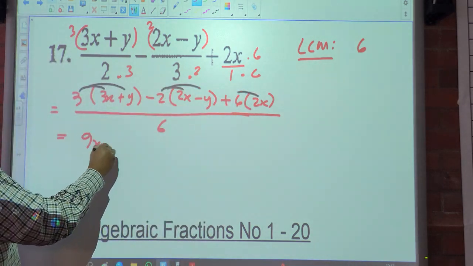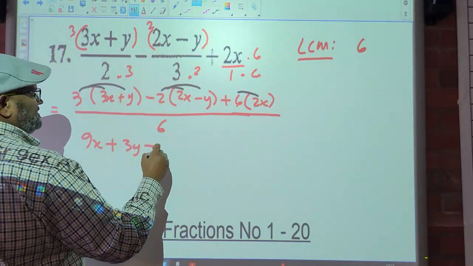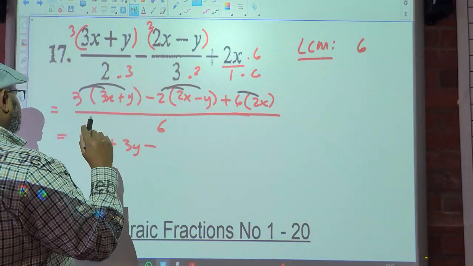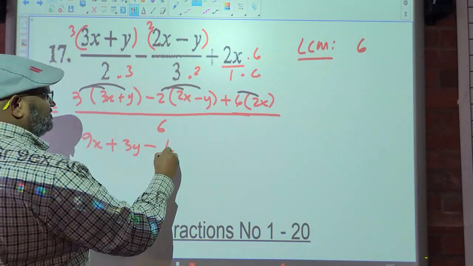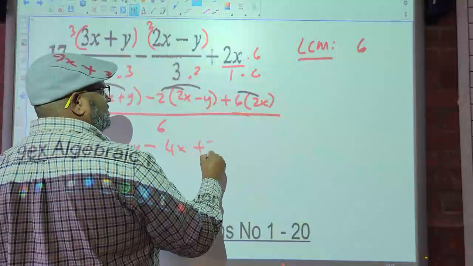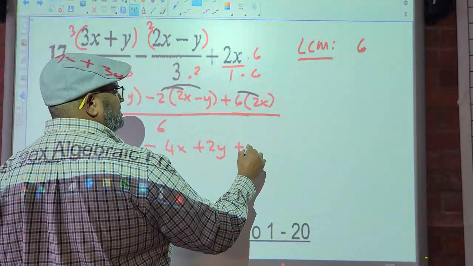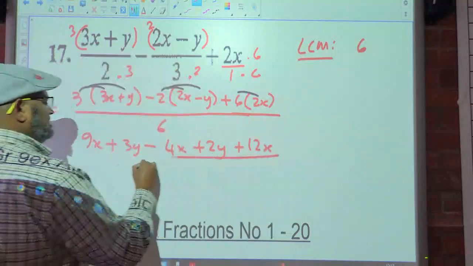We get 9x plus 3 times y is 3y. Negative 2 times 3x is negative 6x. Negative 2 times negative y is positive 2y. And 6 times 2x is 12x, all over 6.